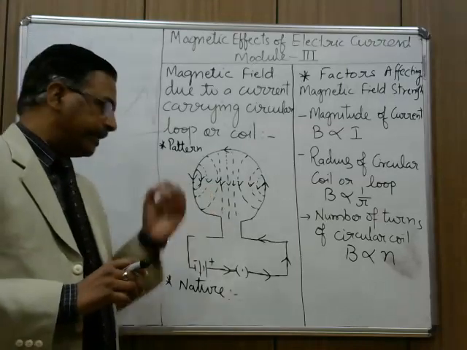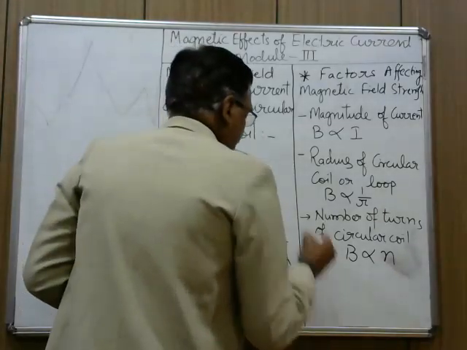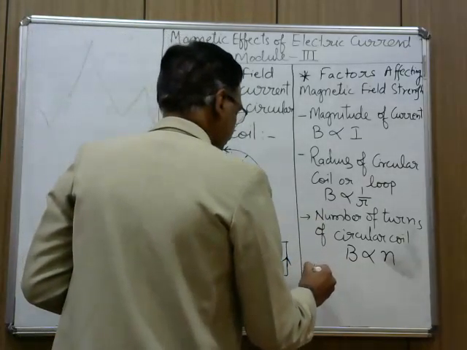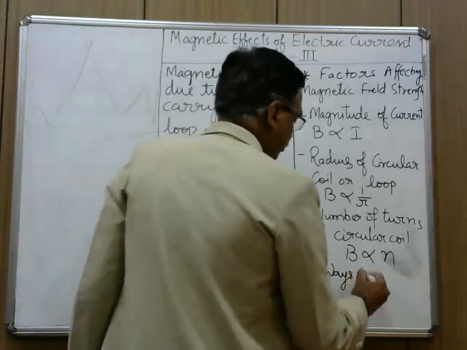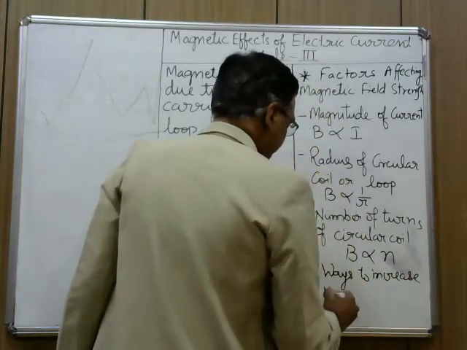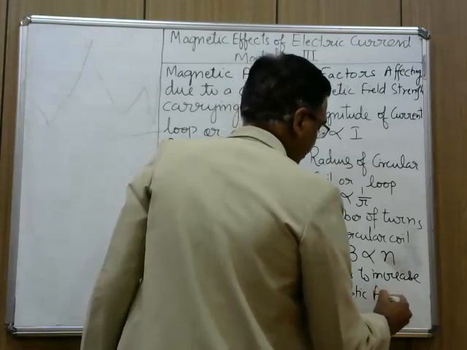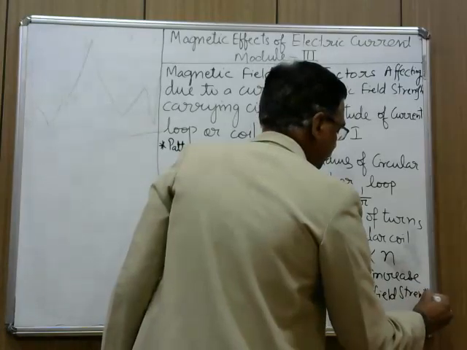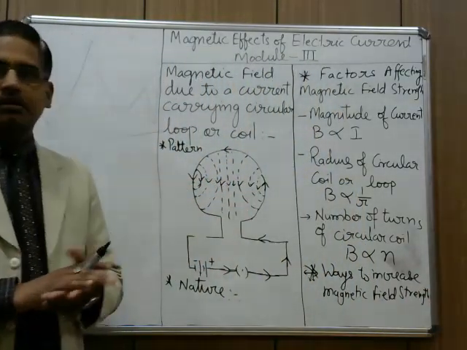Now the next question which can be asked: ways or methods to increase magnetic field strength at a point or at the center of a circular loop.